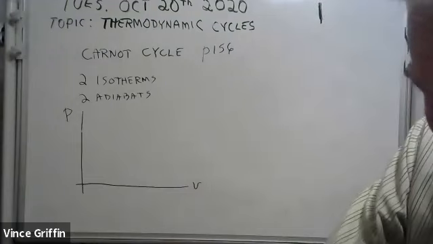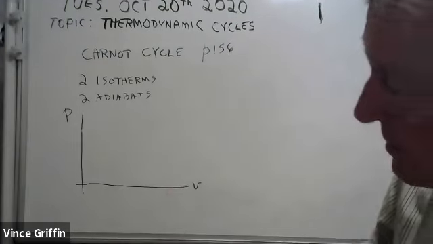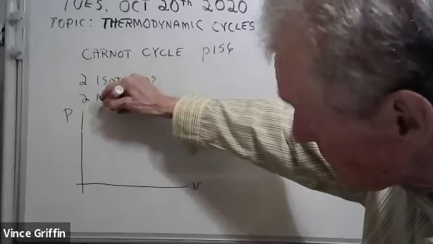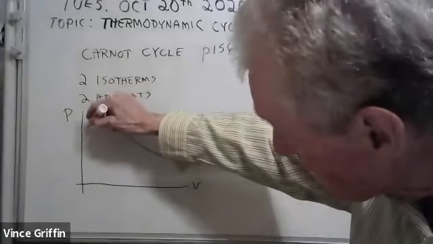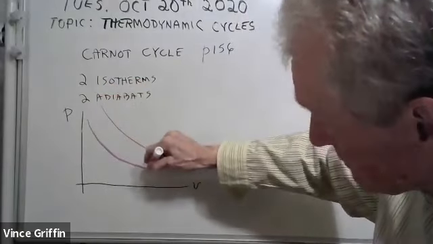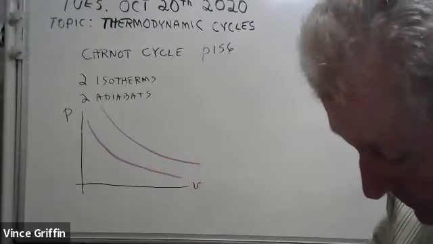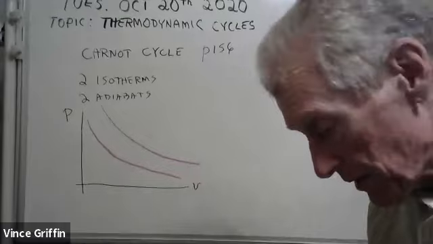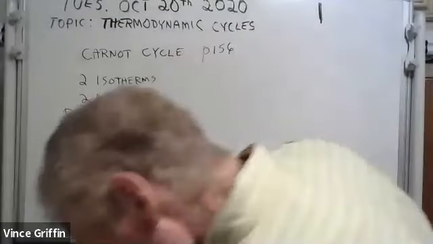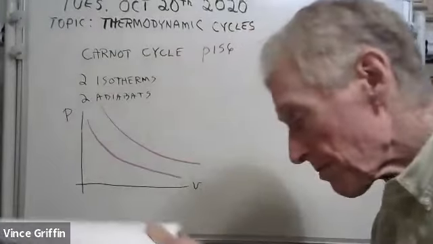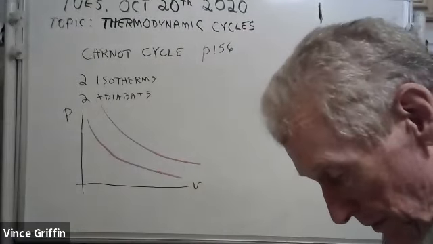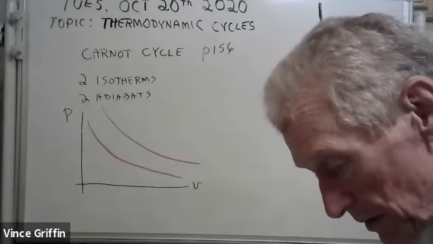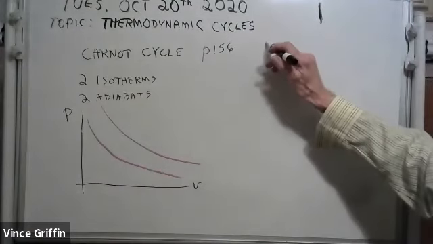But if it has two isotherms, then here's how isotherms go. They go like that and like that. And there's a diagram of the Carnot cycle on page 160.